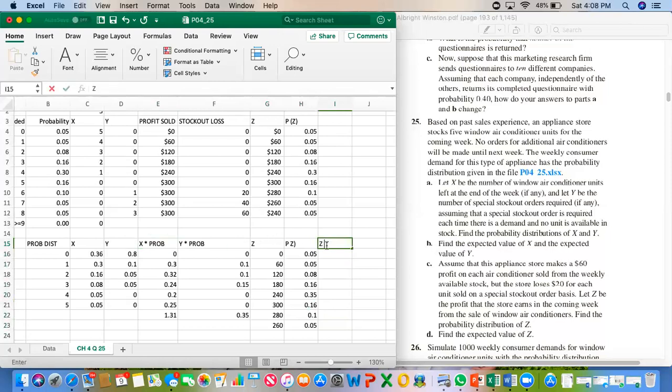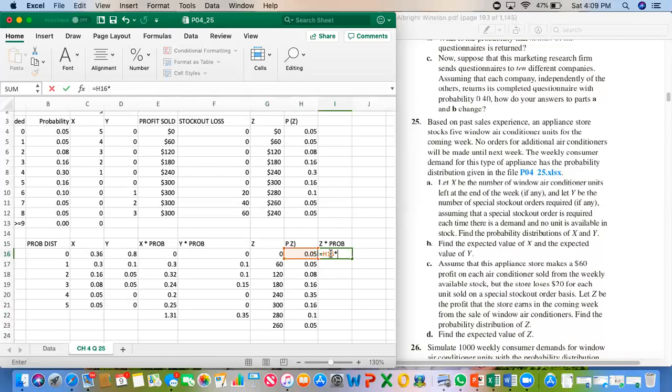So I could do equals H16 times probability. H16 is your probability. H16, okay. And times Z, right? Yep.